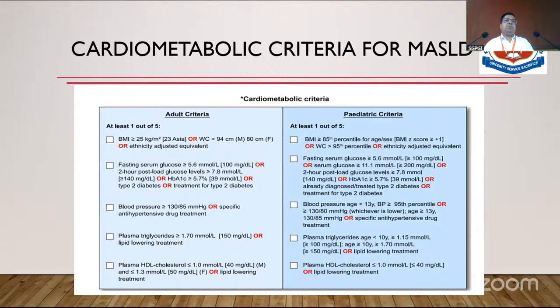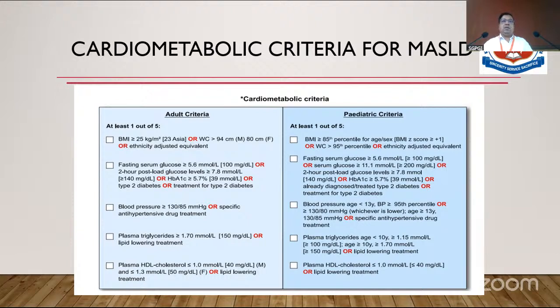Second one is the patient is either diabetic or having fasting blood glucose more than 100 or PP glucose more than 140. Third criterion is hypertension. The patient is either hypertensive or BP is more than 130 by 85. Fourth is hypertriglyceridemia. That means triglyceride is more than 150.